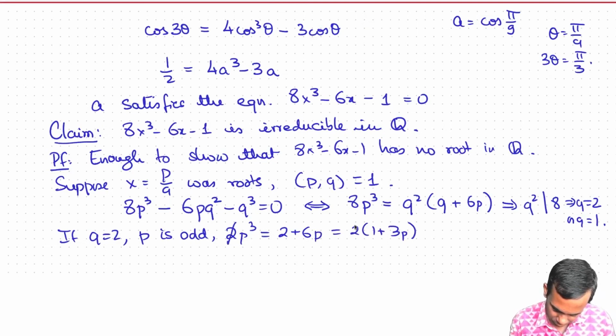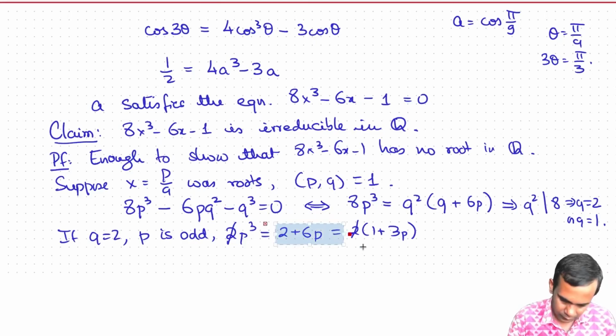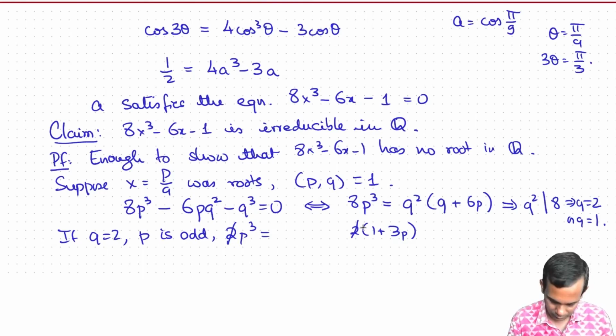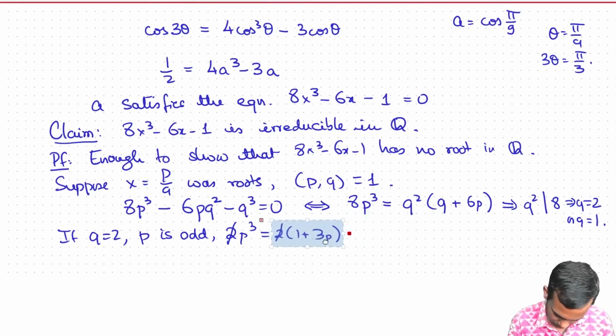So we cancel this and we get p cubed is 1 plus 3p.